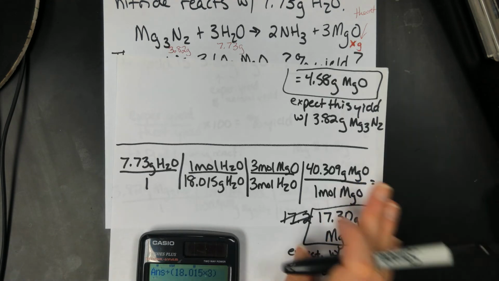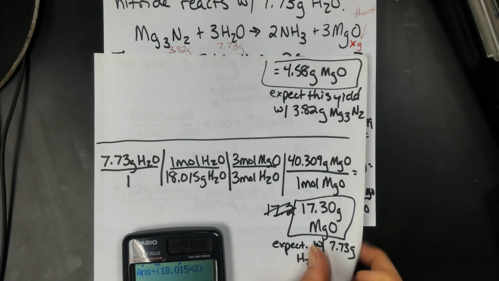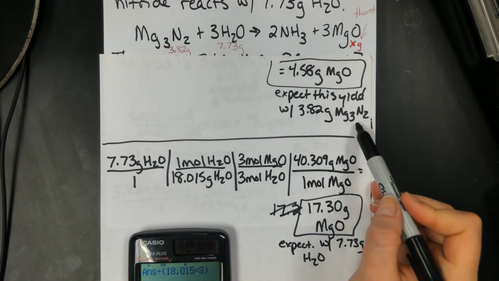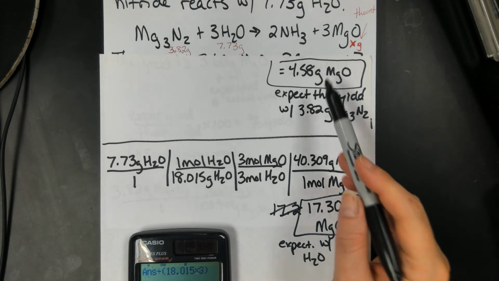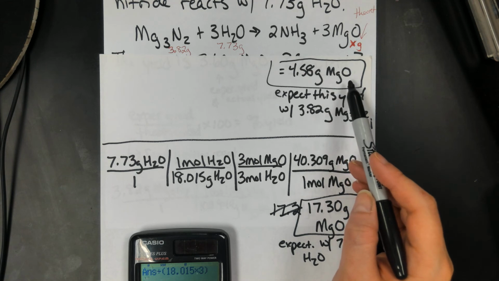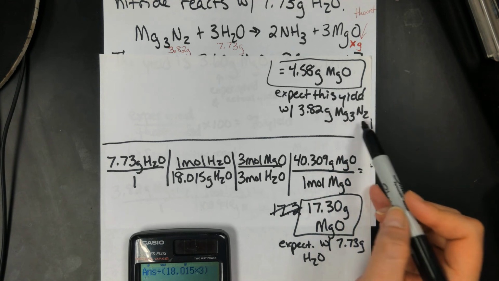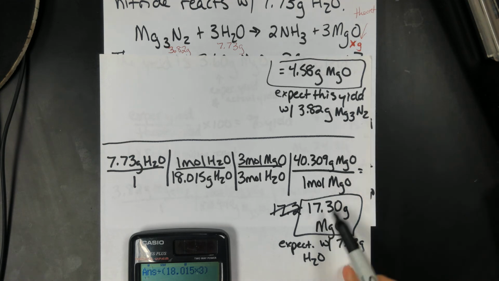We are limited, it seems, by the amount of magnesium nitride that we have. Because as soon as we make 4.58 grams of magnesium oxide, what's going to happen? We're going to run out of magnesium nitride. So yeah, we could hypothetically make this much magnesium oxide with the water, but we would need much, much more magnesium nitride.